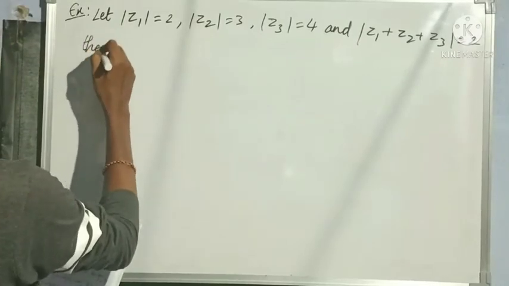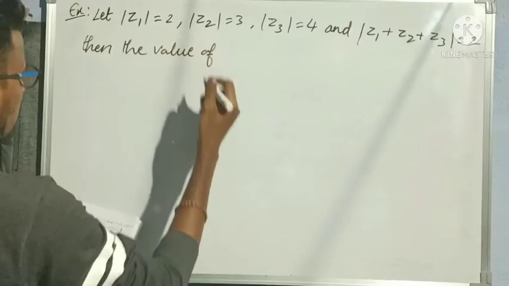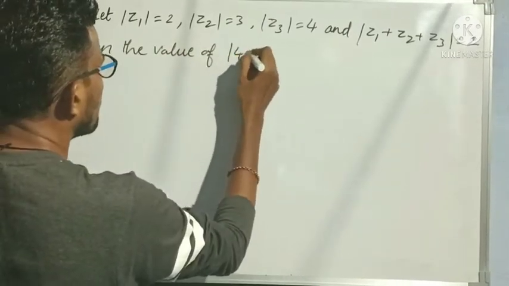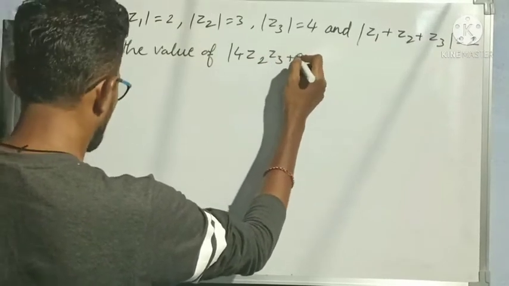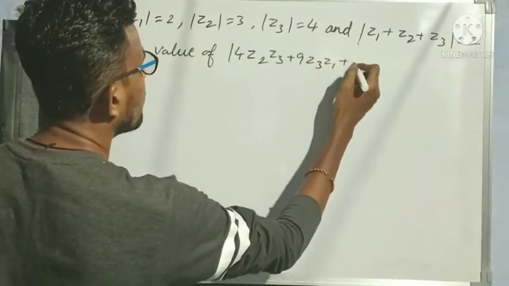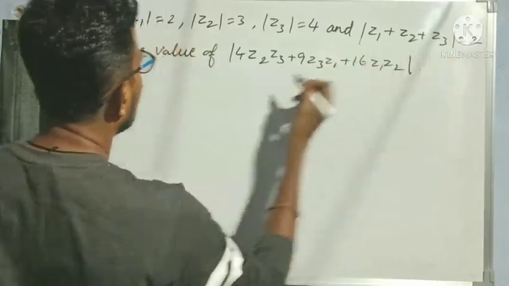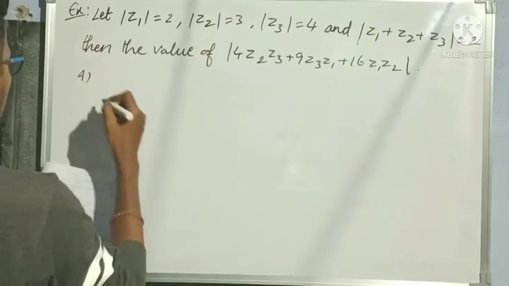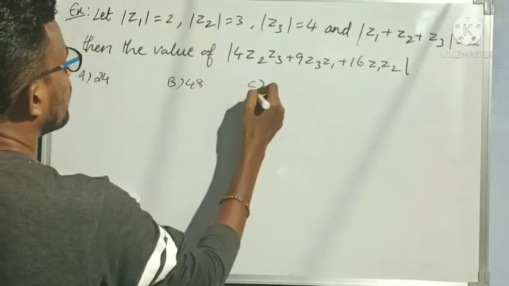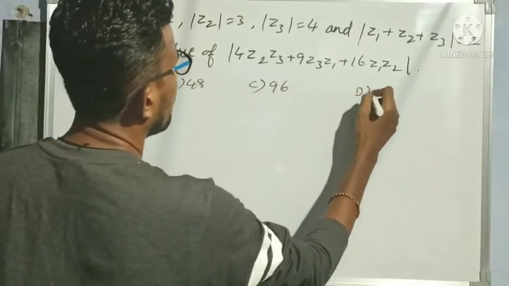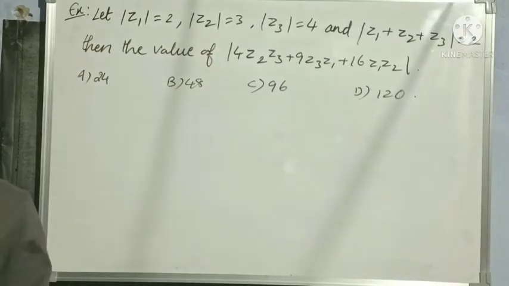Then we have to find the value of modulus of 4z2z3 plus 9z3z1 plus 16z1z2. Our options: option A 24, option B 48, option C 96, and option D 120. Let us solve this problem first.